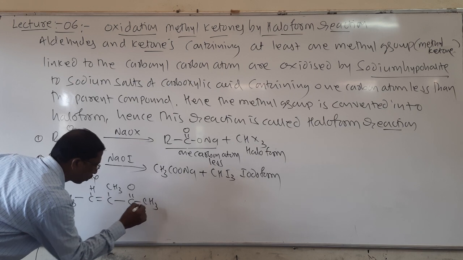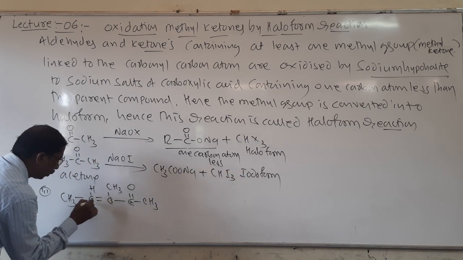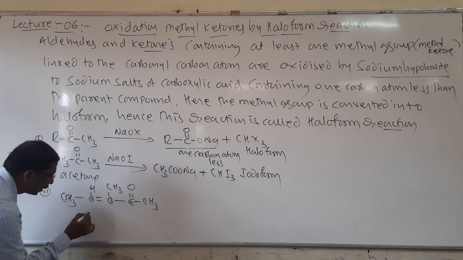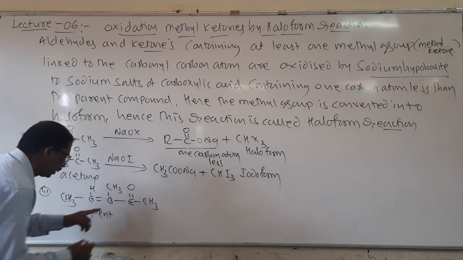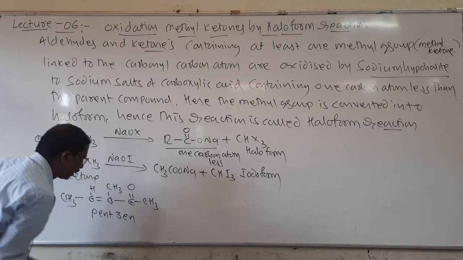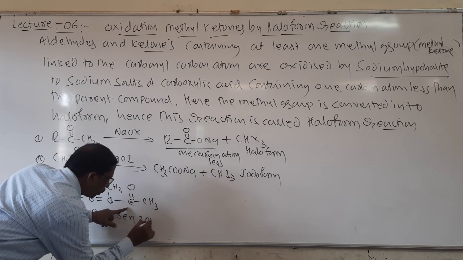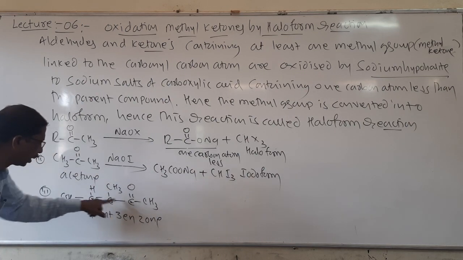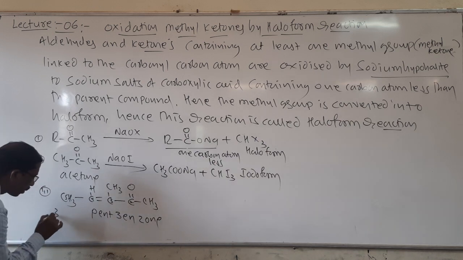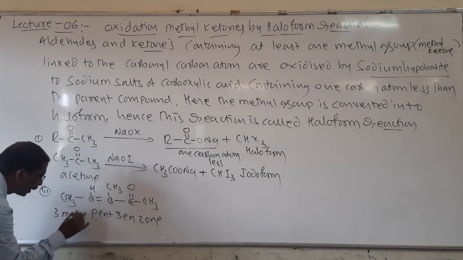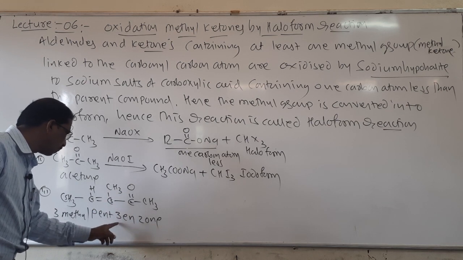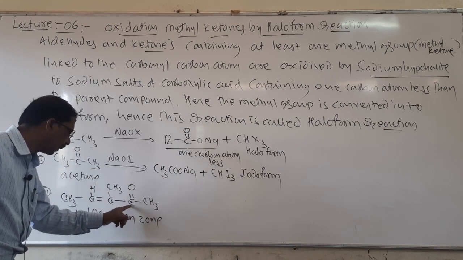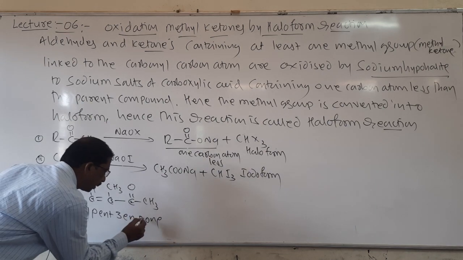Look here students, it is 1, 2, 3, 4, 5, so it is pent, and the double bond at position 3, the ene, and 2-one. The third position has a methyl group, so it is called 3-methylpent-3-en-2-one. So this is its name.